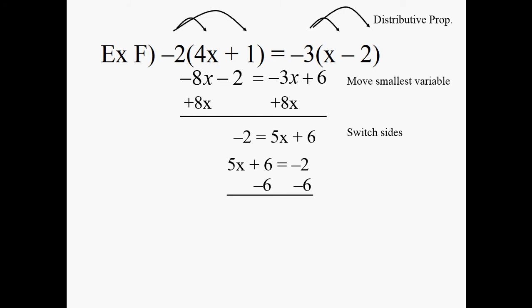All right, what does negative 2 and negative 6 give us? Use our number line, the rule, negative 8. Because if you start at negative 2 and then you move left 6 spaces, you arrive at negative 8. And then if we divide, can I reduce that negative 8 over 5? No. So I'm going to keep it as a negative 8 over 5.